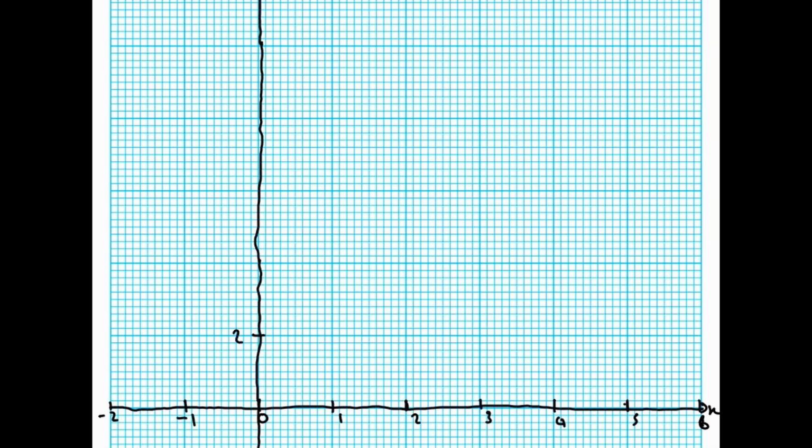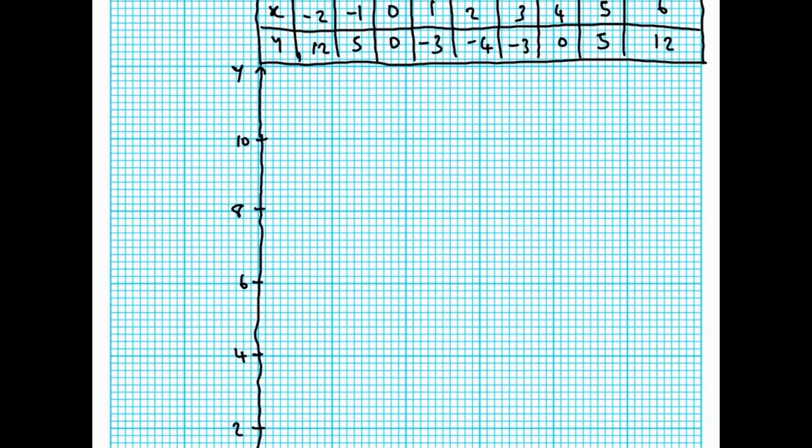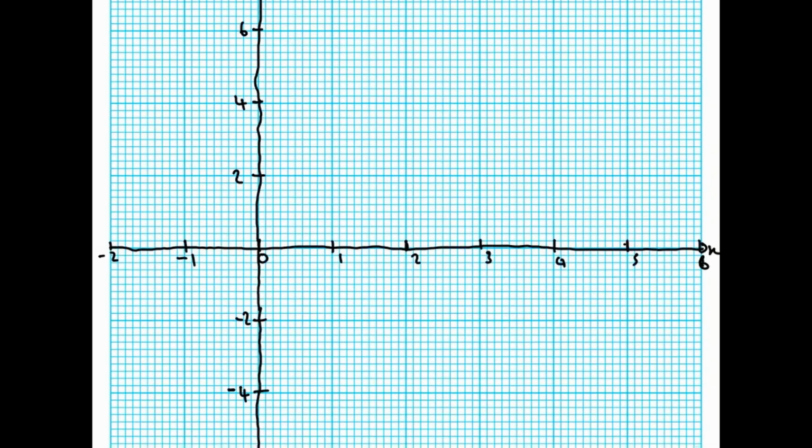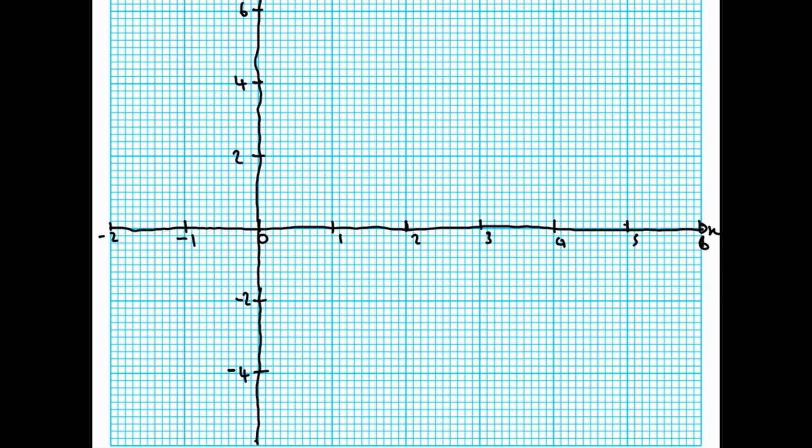So this will be 2, 4, 6, 8, 10, then at the end this is 12. So this is roughly what the xy plane looks like, the x axis and the y axis.